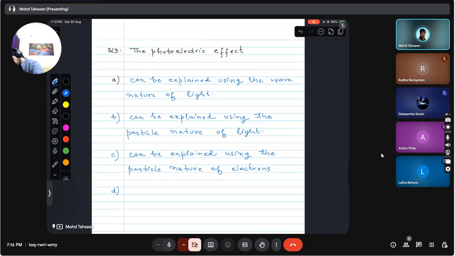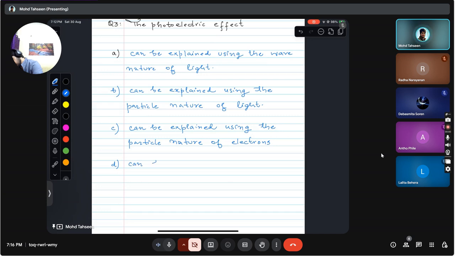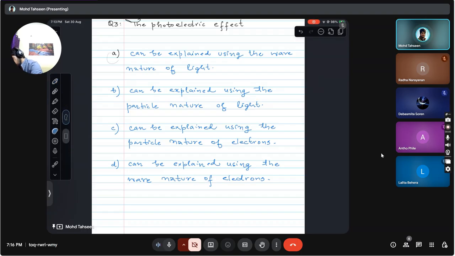And D, can be explained using the wave nature of electrons. So which is the correct option here?